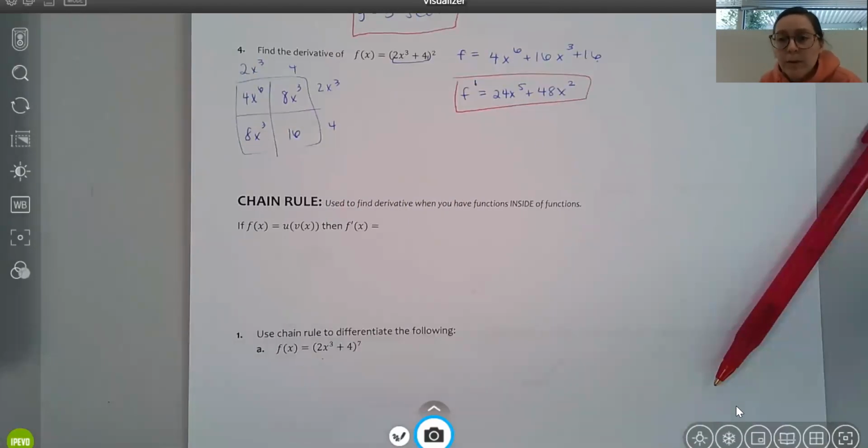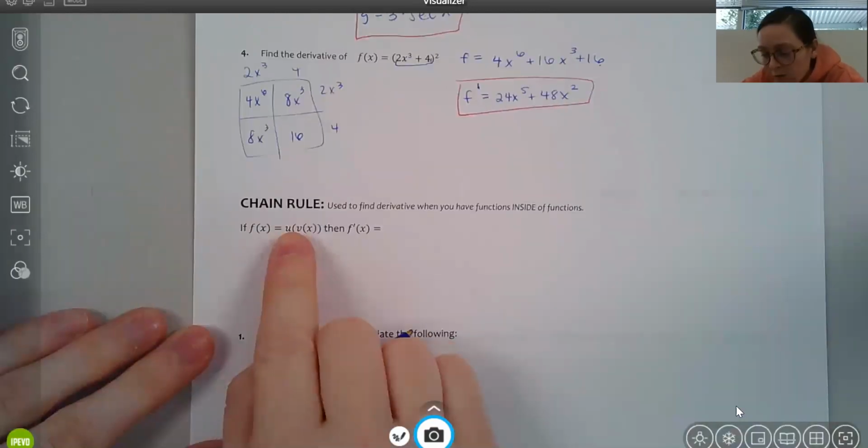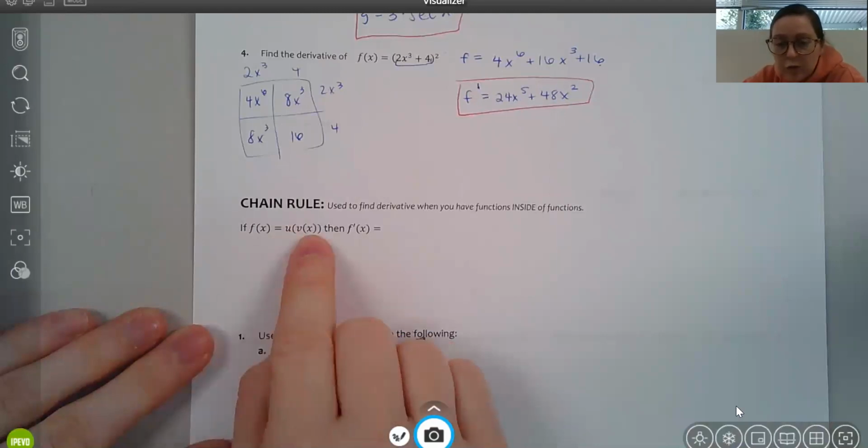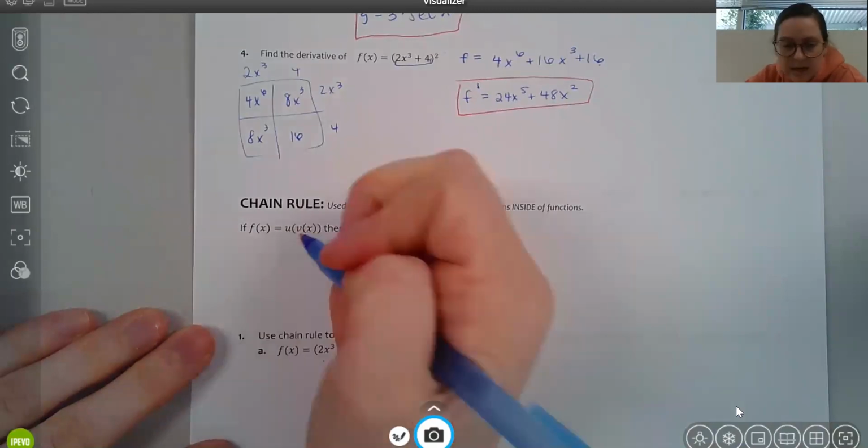So I'm going to give you guys a rule for how to take a derivative when you have a function inside of another. Our general form of the rule: if you have u of v of x, notice this is not u times v, this is u of v, so the v is inside of the u.